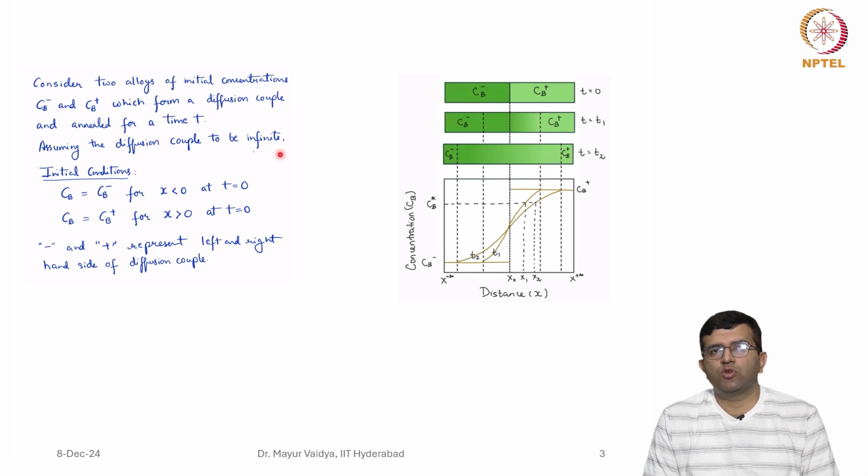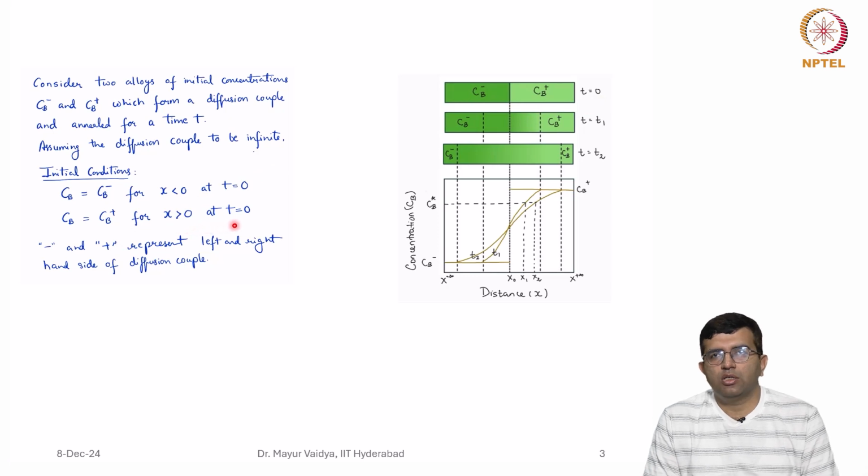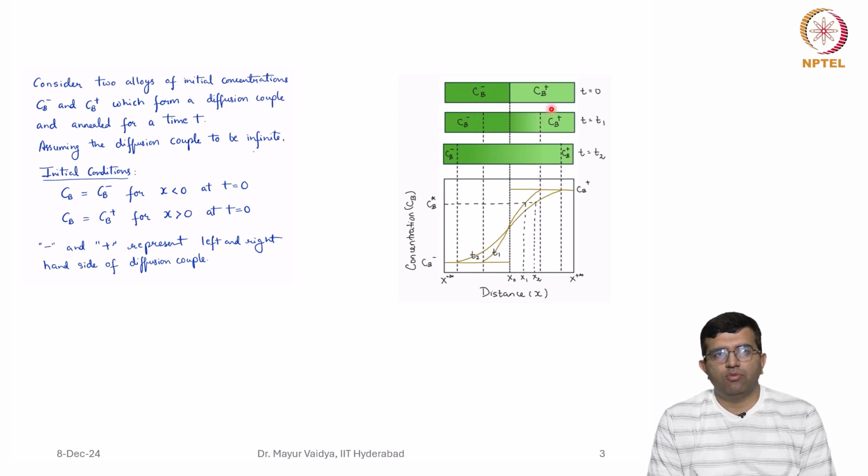But we assume the couple to be infinite, so there is always a portion which remains unaffected. The initial conditions are that Cb is equal to Cb minus for x less than 0 at t equal to 0, and Cb is equal to Cb plus for x greater than 0 at t equal to 0. Minus and plus represent the left and right hand sides of the diffusion couple.